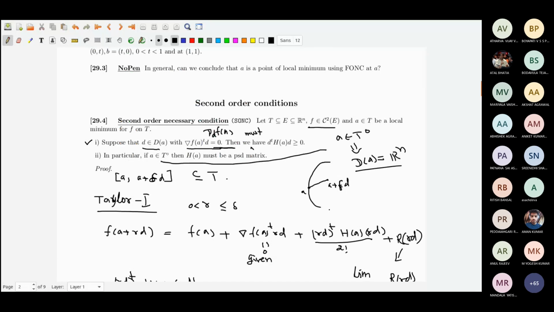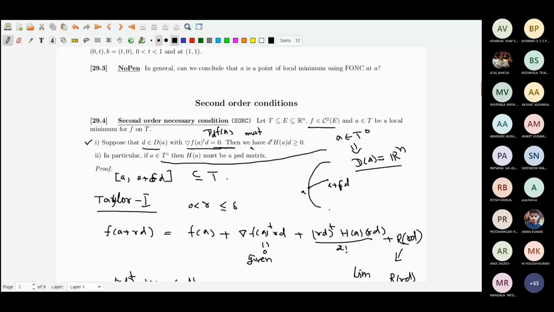In the second item it was not given, but that follows because it is given that it is a point of local minimum, and we have already shown that at a point of local minimum, if it is an interior point, then the gradient must be equal to 0. So that also follows, and HA is symmetric and satisfies the condition for all D in Rn, therefore it is a positive semi-definite matrix.